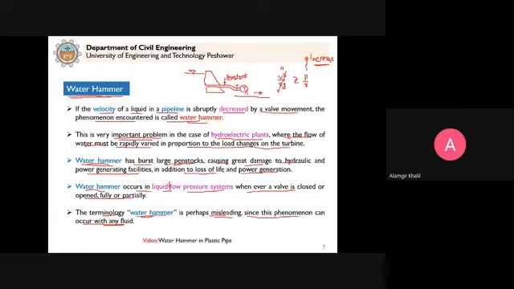Now we know what water hammer is. This phenomenon occurs in liquid pressure flow systems, and it is undesirable.